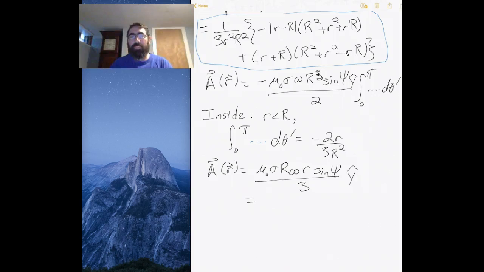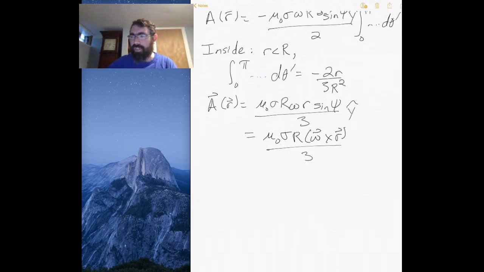Or, since I have omega r times sine psi, that's just the cross product. So I have mu 0 sigma R omega crossed into little r, divided by 3.